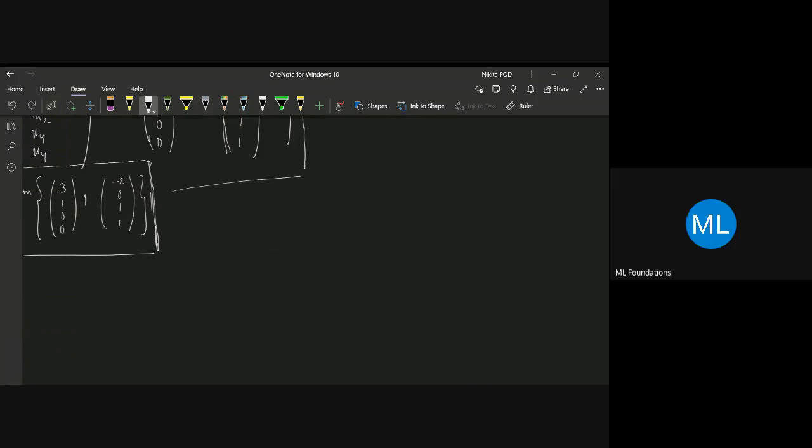No, it is a subspace of R4. That's why I am saying it is a subspace of R4. Okay, madam.